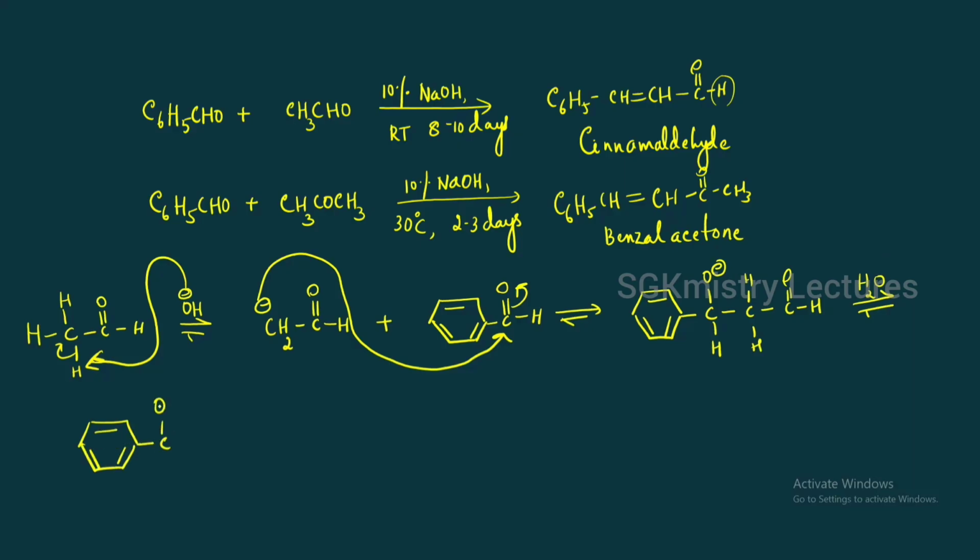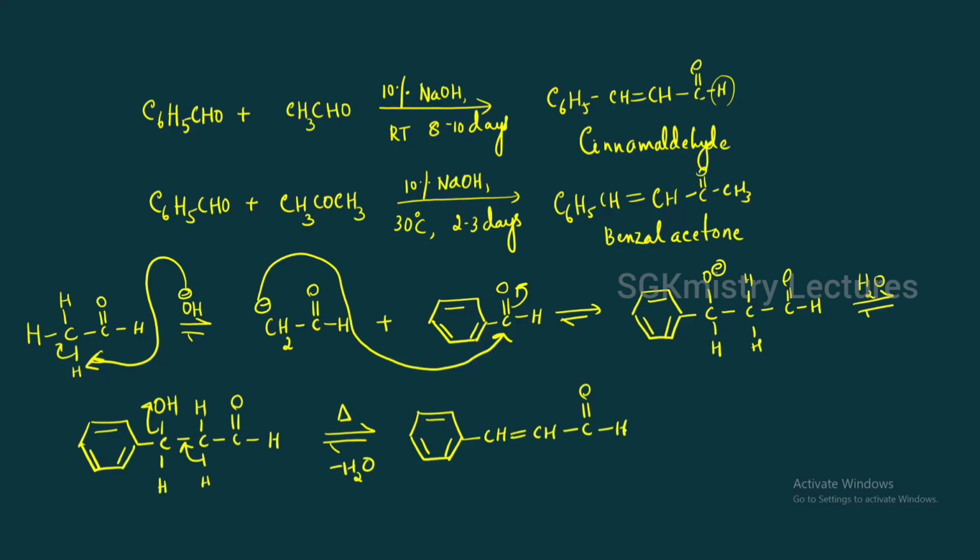So here we have COH, H, and then we have H and H, CHO. Now, the removal of the water molecule can take place. So now what happens? This moves here and this OH is removed off. So we have CH double bond CH, CHO, right? That is, cinnamaldehyde is obtained as the product.